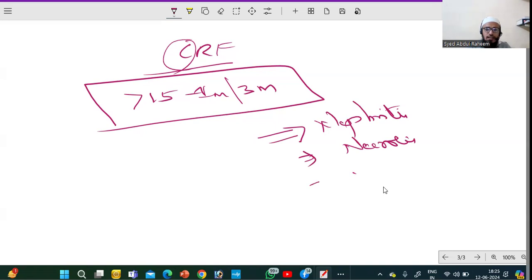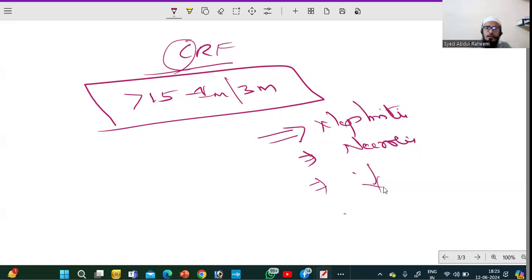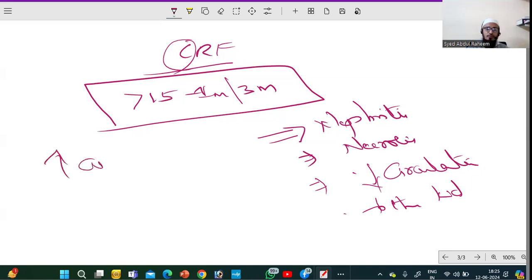Now another is decreased circulation to the kidneys. Decreased circulation to the kidneys is a major cause, and opposite to the decrease is increase in circulation. Okay, it leads to hypotension, it leads to hypertension.